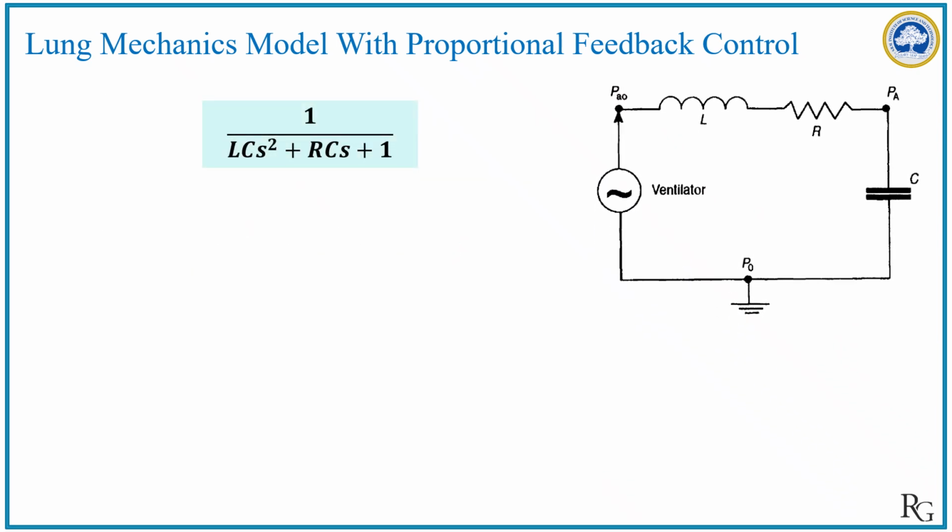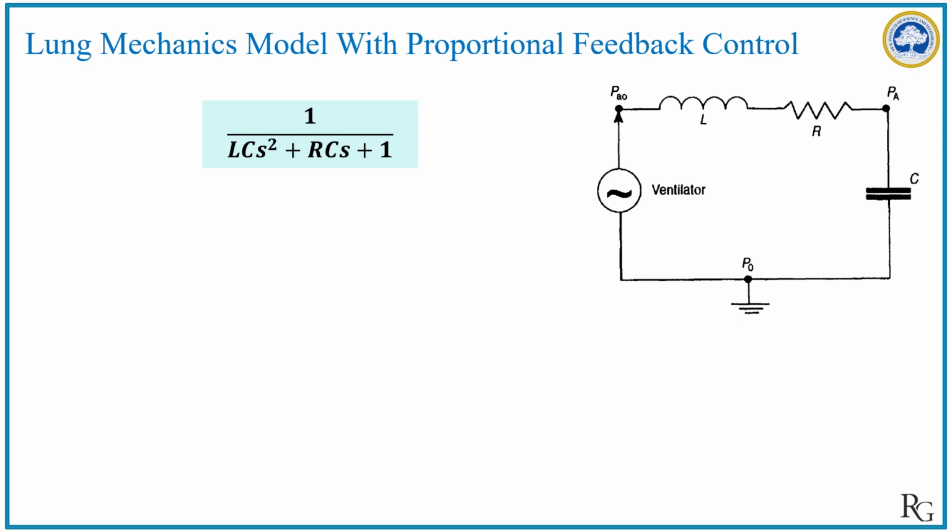Further, consider an alternative situation where we would like to attenuate the change in PA as much as possible for a given set of lung mechanical parameters and a given imposed change in PAO. In the clinical setting this is desirable, since large fluctuations in PA can cause pulmonary barotrauma or damage to lung tissues.